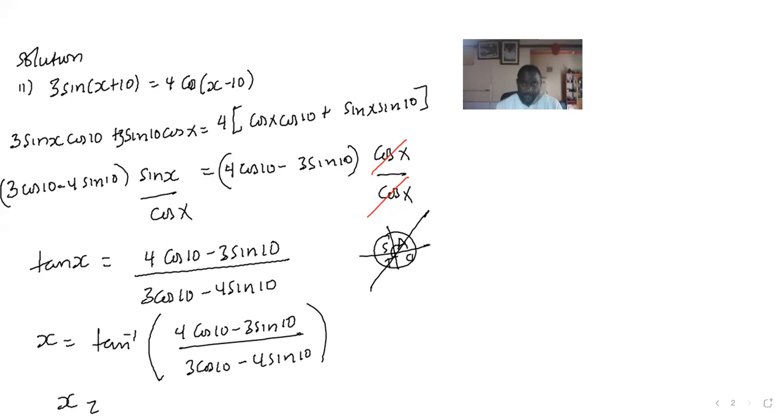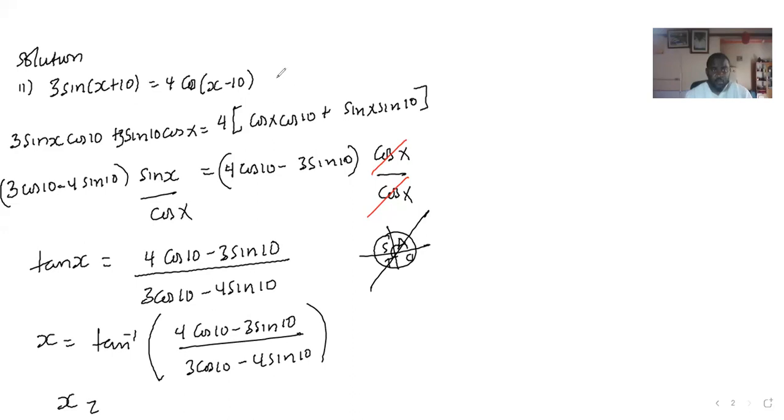Teacher, yes please. I've not understood from the third line. Okay, where is the third line? Is this 1, 2, 3? Yes. I collected like terms of x.